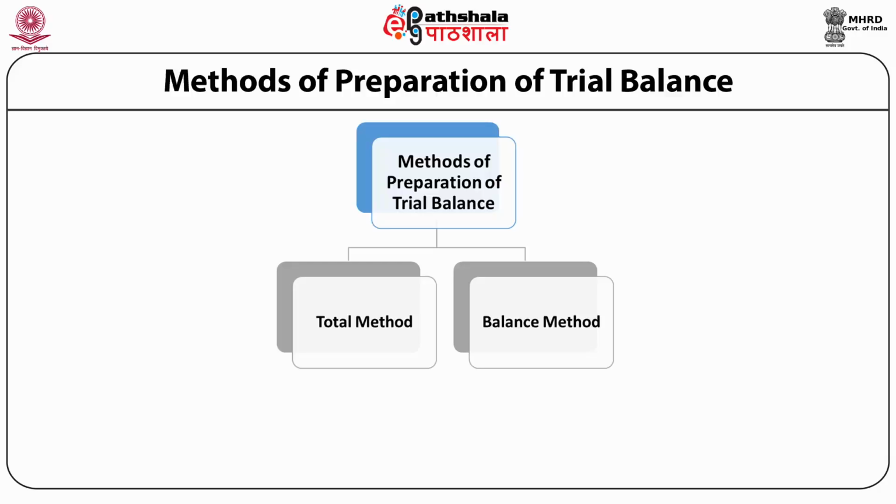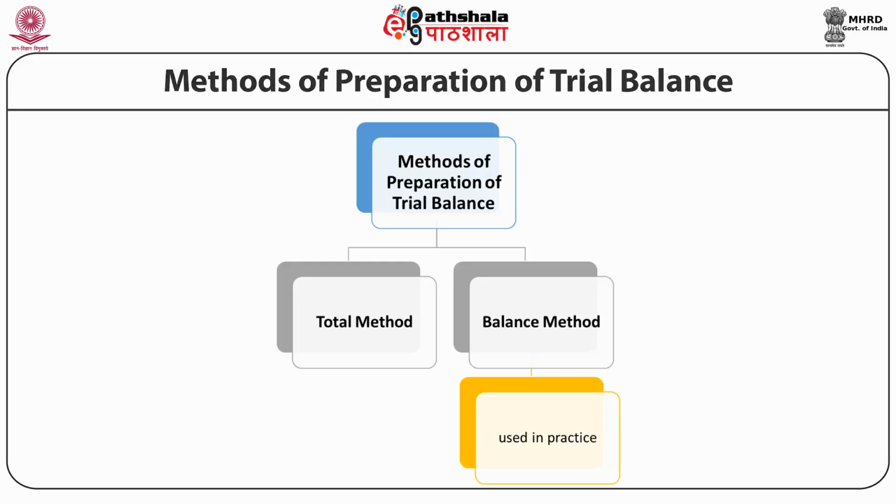And the balance method is more used in practice as compared to the total method. The balance method is based upon the balances and provides more clear results, and due to this it is used more in practice.